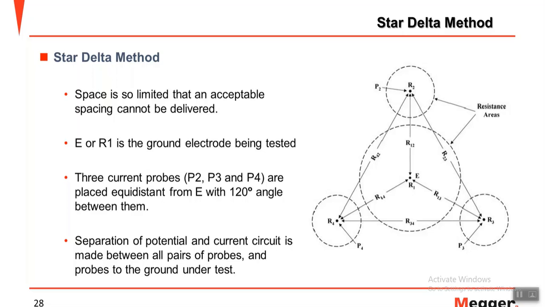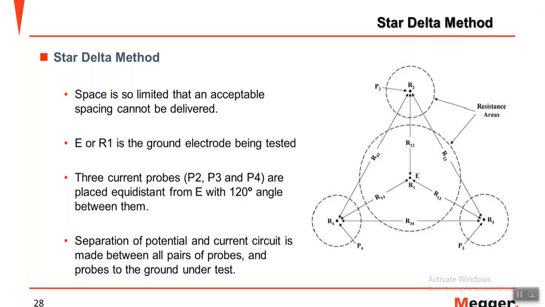In the picture you can see here, we want to measure this ground E, and then you can do measurements at different angles, a 120-degree angle between them. So, you need to take six measurements, and then you can see the value.